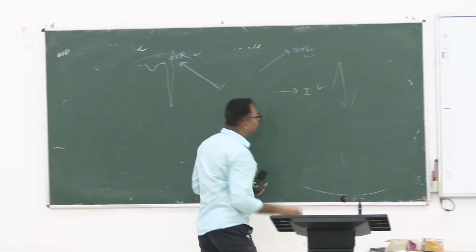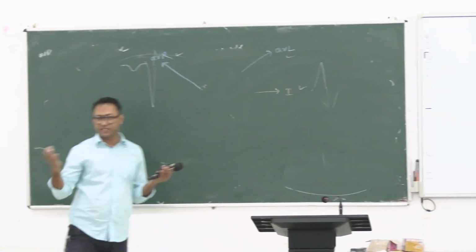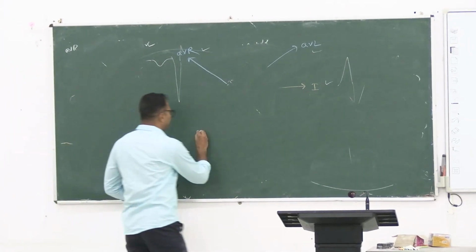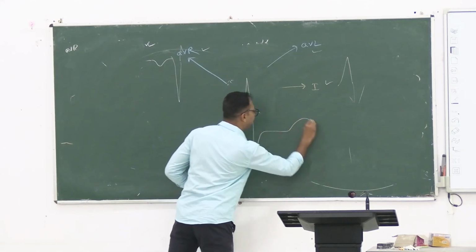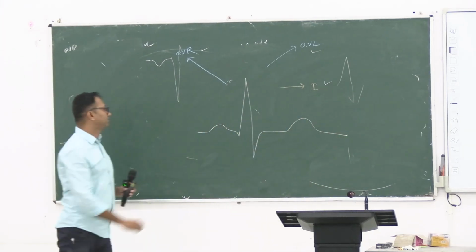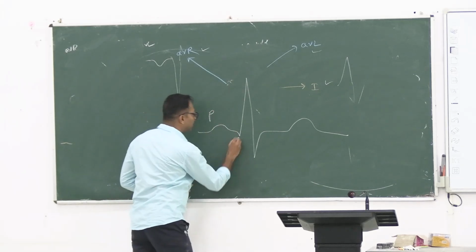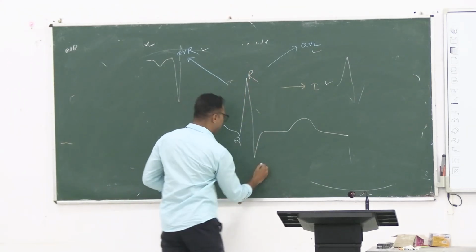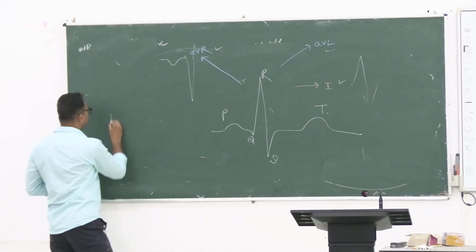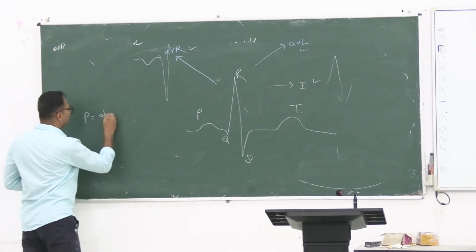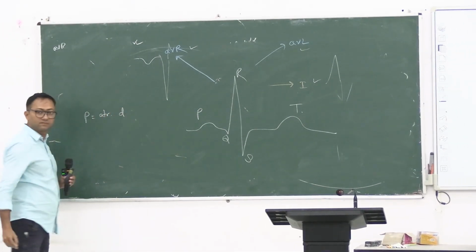I am drawing the ECG wave conventionally in lead 2. So P wave, Q, R, S and T. Clear? You are telling P is for atrial depolarization, right?